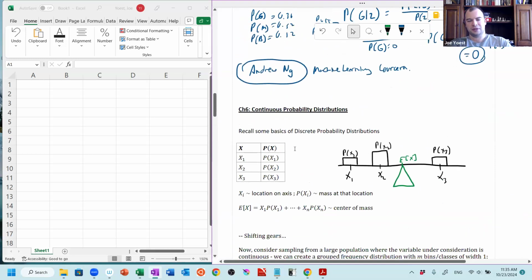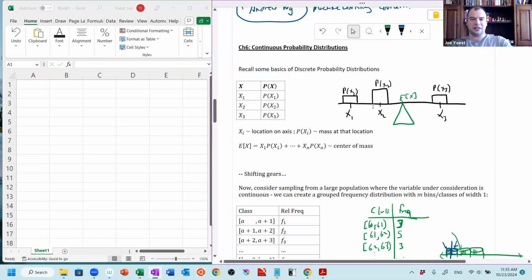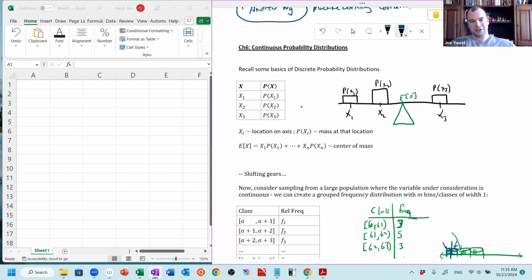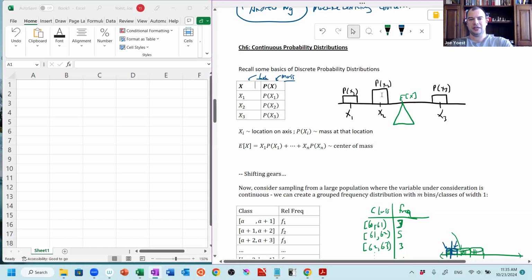Okay. So we also want to remember that for discrete probability distributions, these probabilities were masses. We thought of them like mass. And these outcomes were locations. We thought of them like locations. So if I have individual masses like this, I can say what the mass is and where it's located.